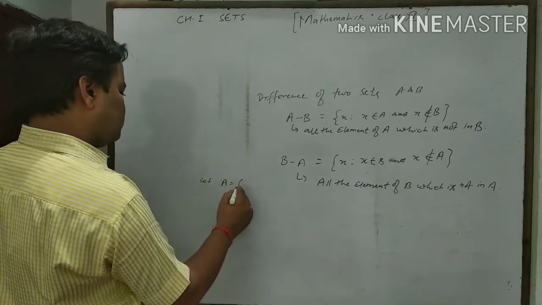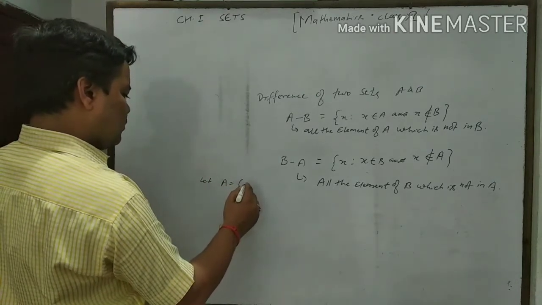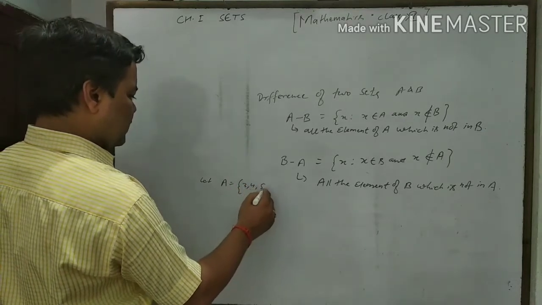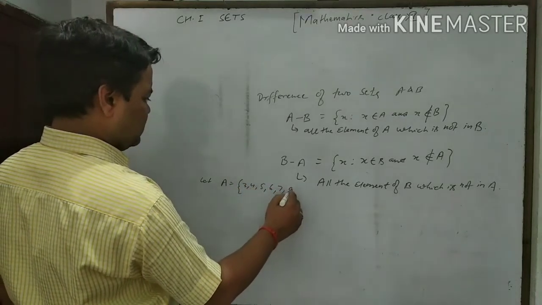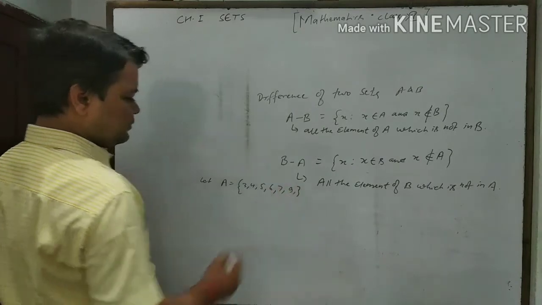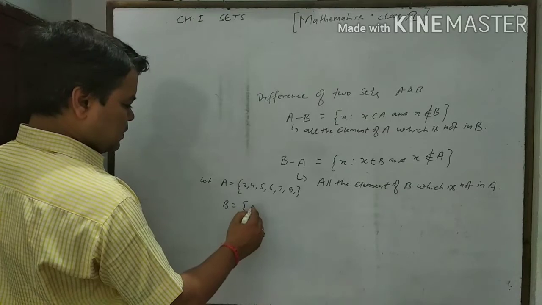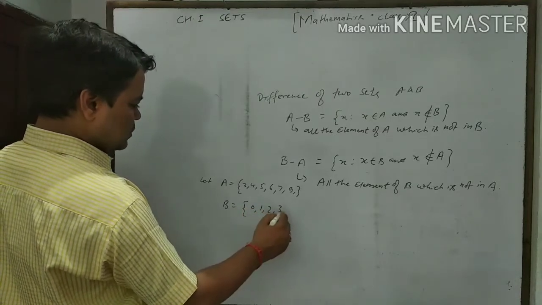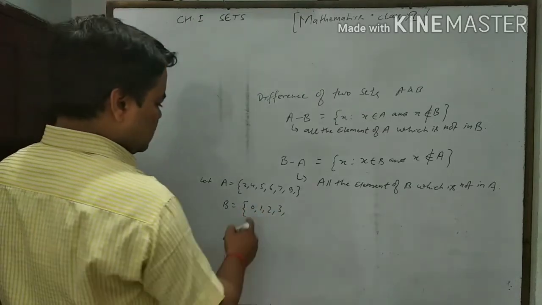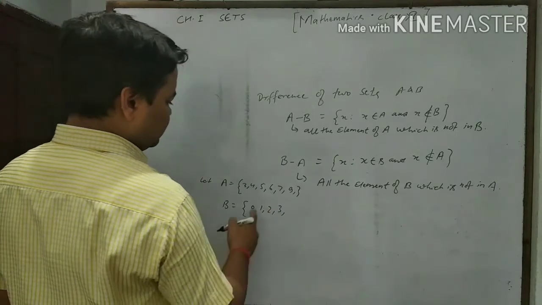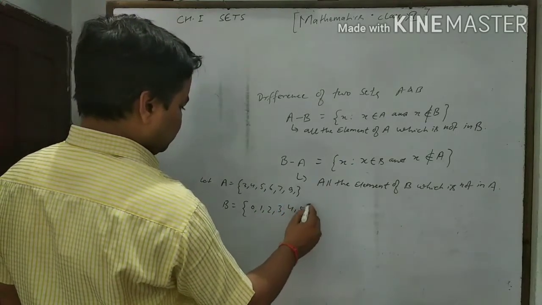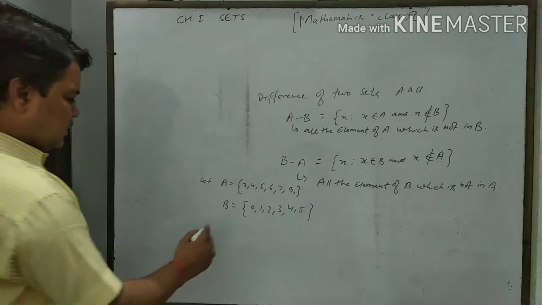With an example, let A equal 3, 4, 5, 6, 7, 9 and B equal 0, 1, 2, 3, 4, 5. Then what is A minus B?